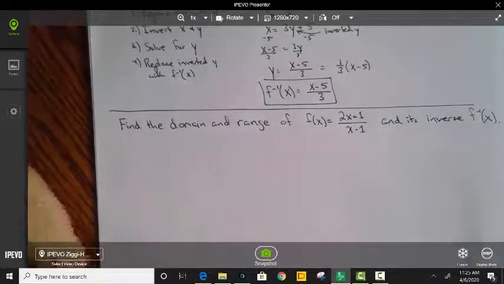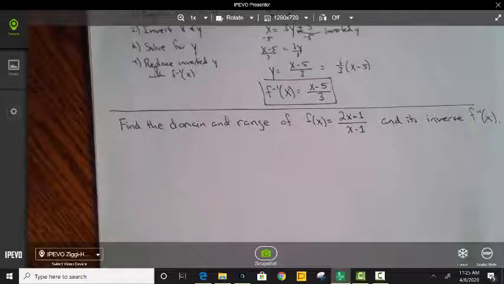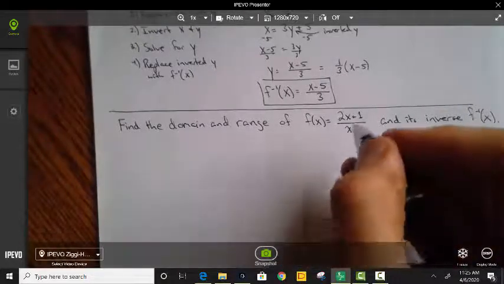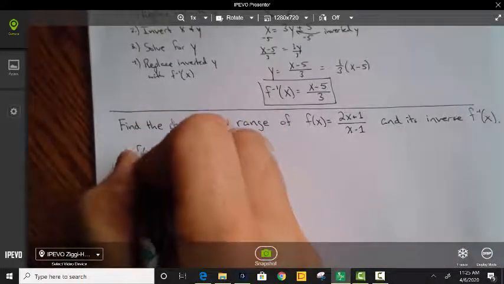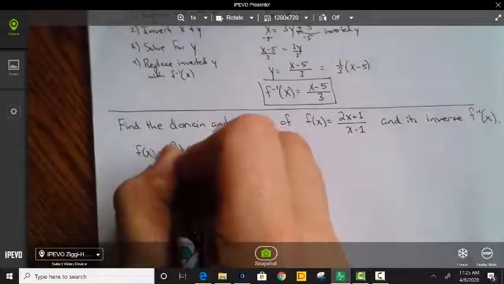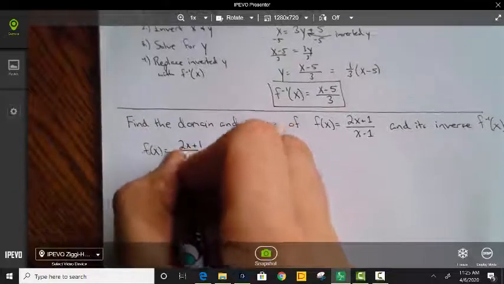So let's find the domain and range of this function and the inverse function f inverse of x. Okay, so real quick, going with the function that we have right now, f of x equals 2x plus 1 over x minus 1.